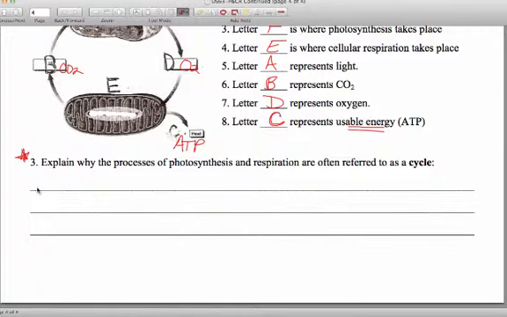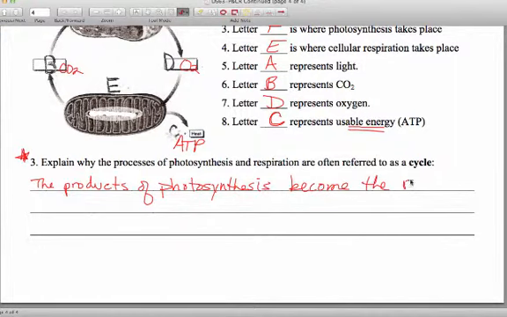So we're going to say it's cyclical because the products of photosynthesis become the reactants of cellular respiration.